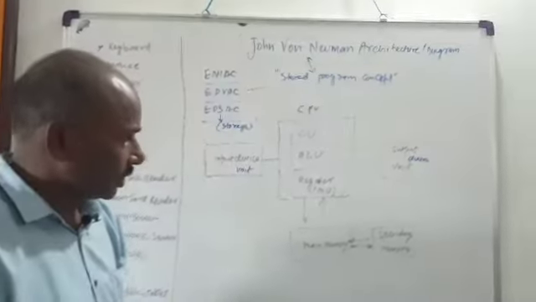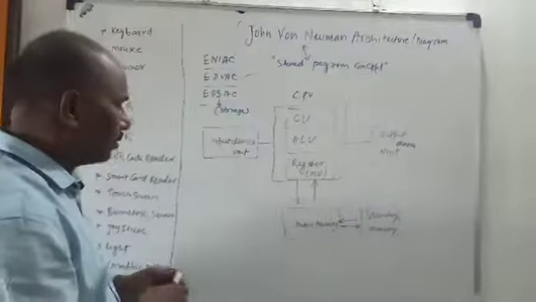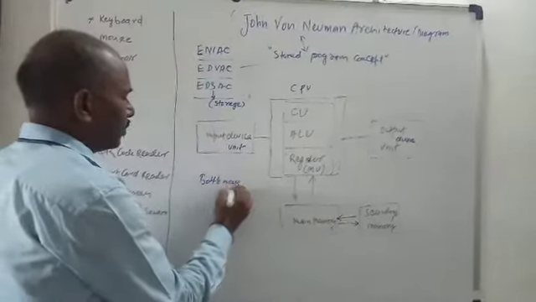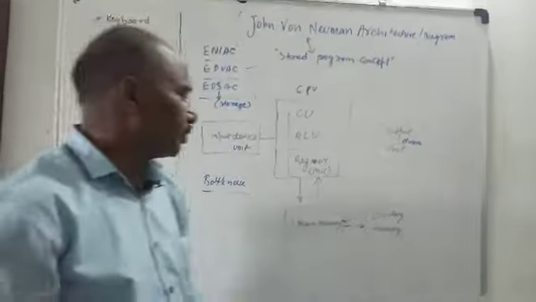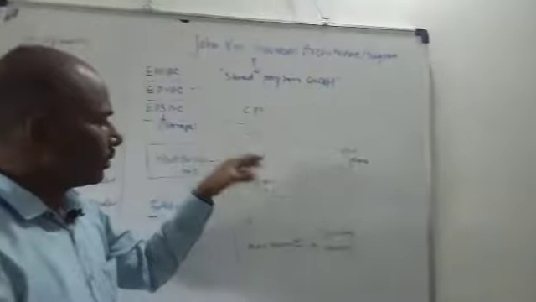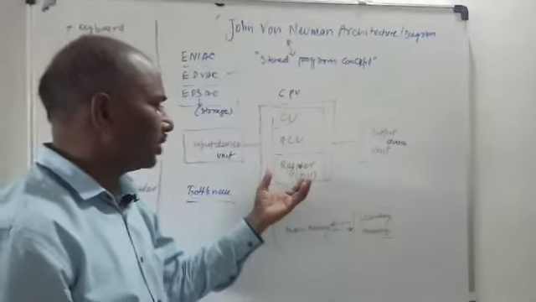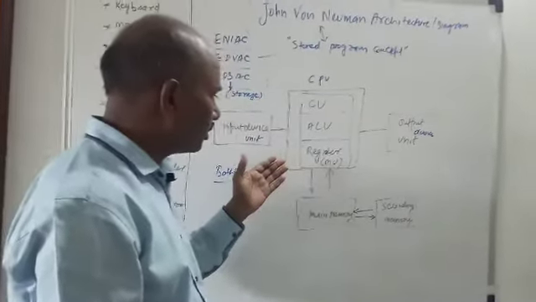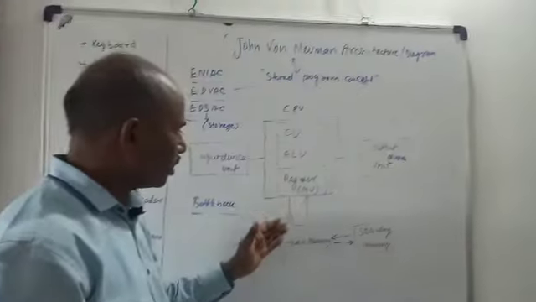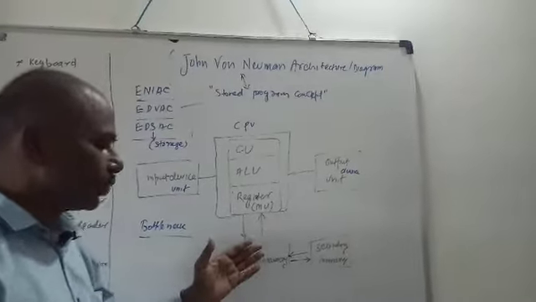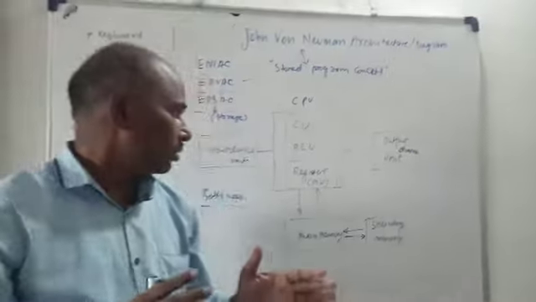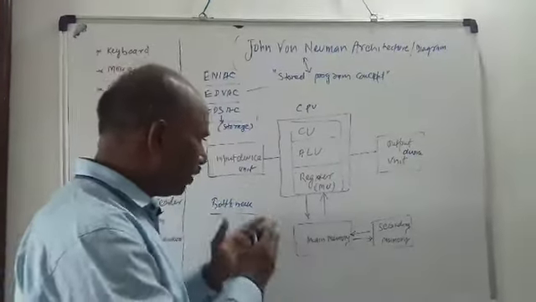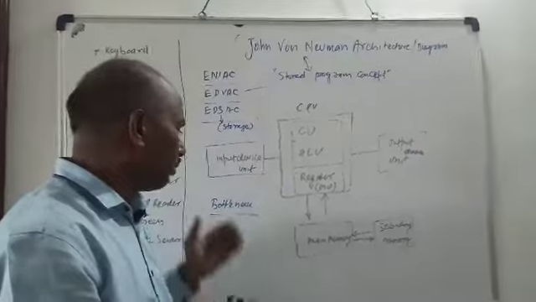I want to add one more thing, that is the John von Neumann bottleneck. What is a bottleneck? When the CPU starts processing, the data needs to be stored in the register, and sometimes incoming data is also collaborated in the register. So, input data and output data are collaborated in one place, and this creates a bottleneck.